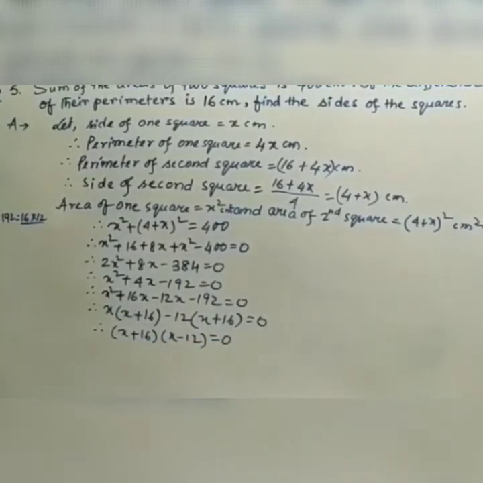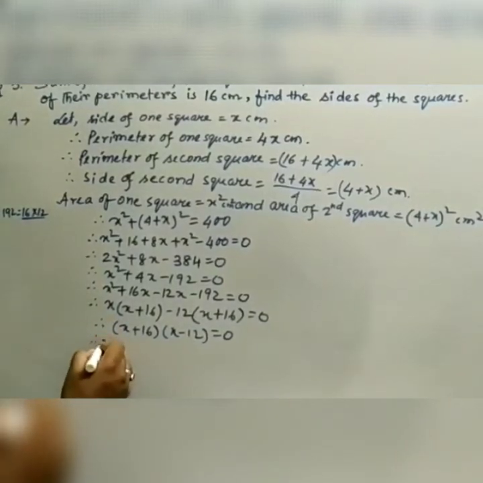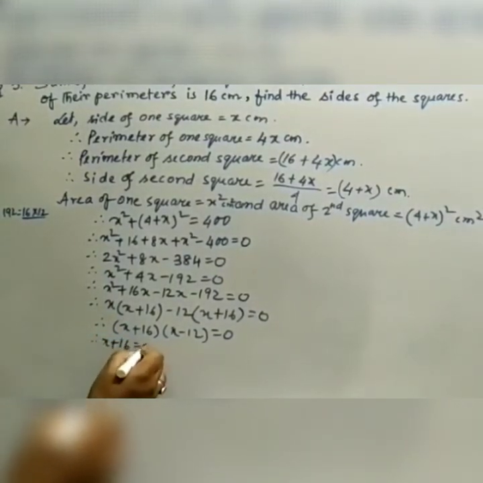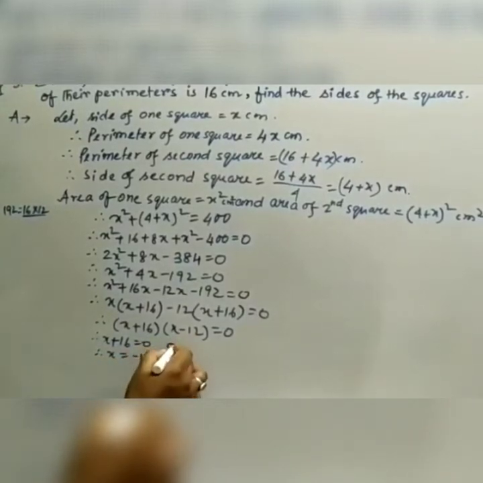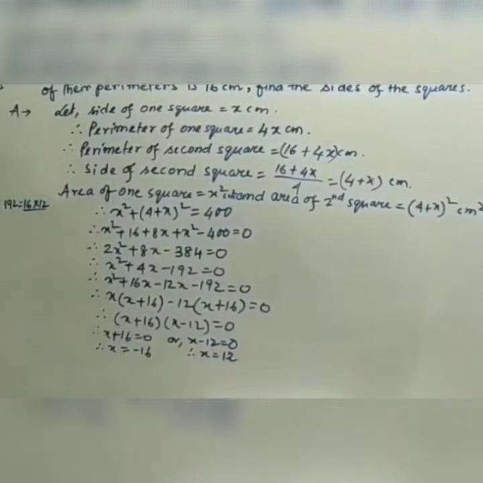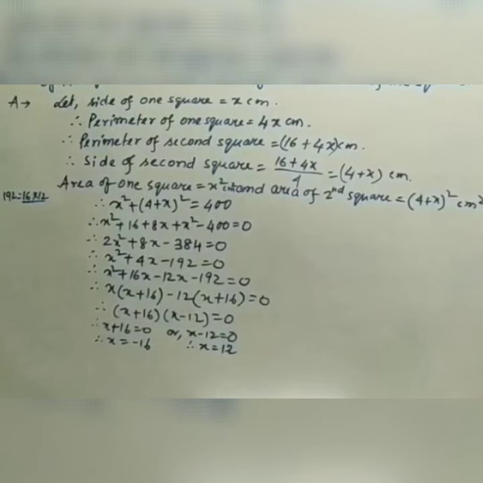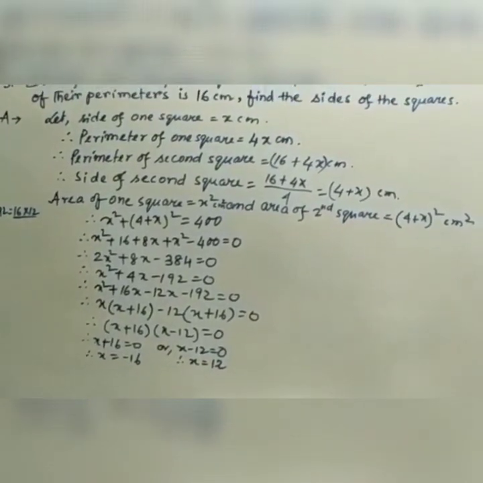So we got the product equal to 0. Now each term will equate to 0. Therefore x plus 16 equals 0, x equals minus 16, or x minus 12 equals 0, therefore x equals 12. So we have two values. One is minus 16 and another one is plus 12.